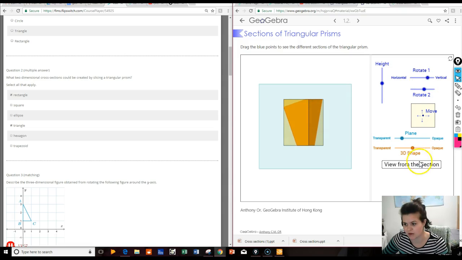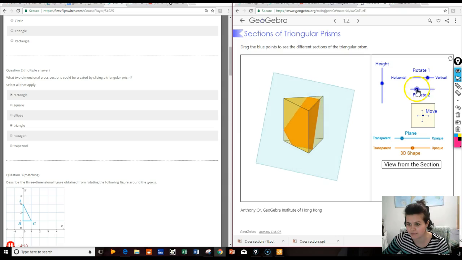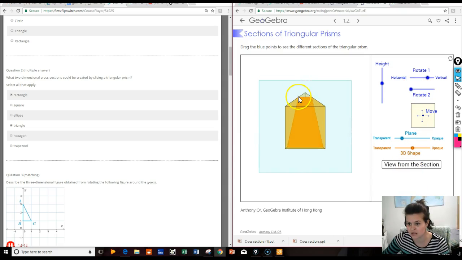And right now I'm seeing a pentagon again. So 1, 2, 3, 4, 5, which isn't an option. Trapezoid. Let's see right there. So if we connected 2 points at the top of the triangle with 2 points near the base, we can create a trapezoid.